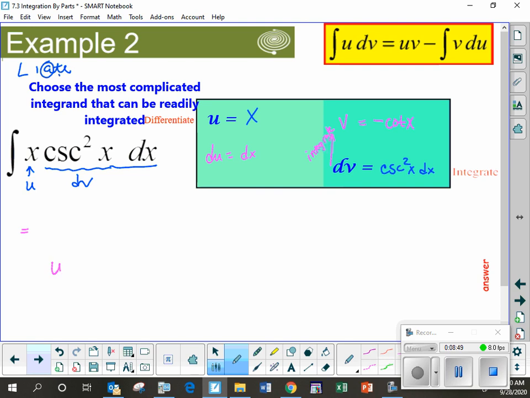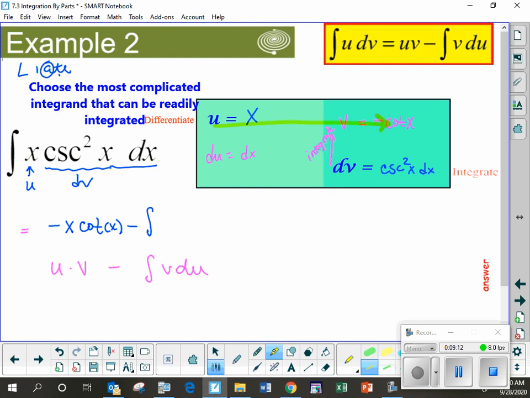It's been a while since I've done these. u times v minus the integral of v du. There's our pattern. So u times v. It always turns out, if I build my box this way, that I'm multiplying the top two lines. And that would make this a negative x cotangent of x minus the integral.